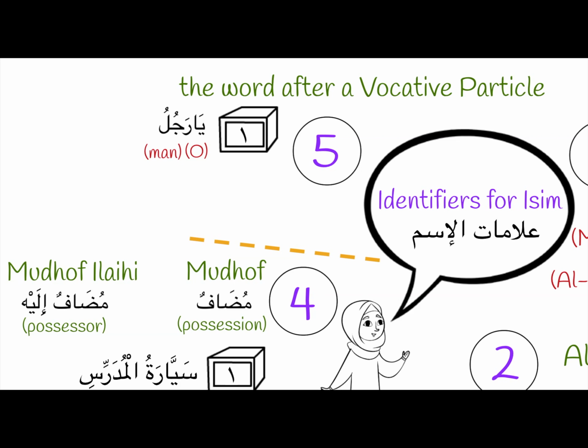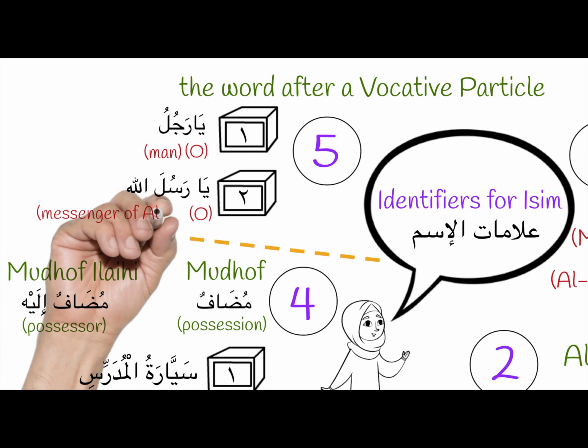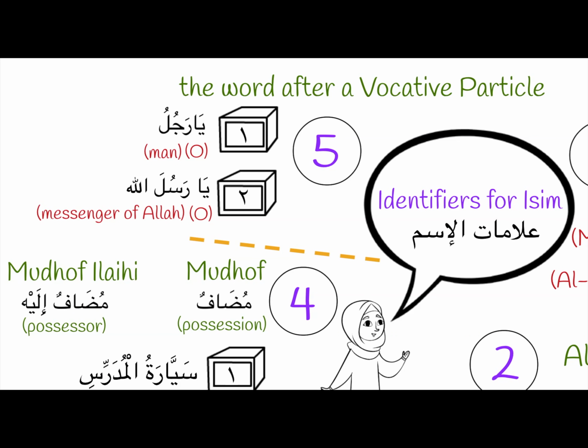Thus, Rajulu has to be an isim. Next, we have Ya Rasulallah, which means O Messenger of Allah. The kalimah Rasulallah comes after the vocative article of Ya or O. Thus, Rasulallah must be an isim.